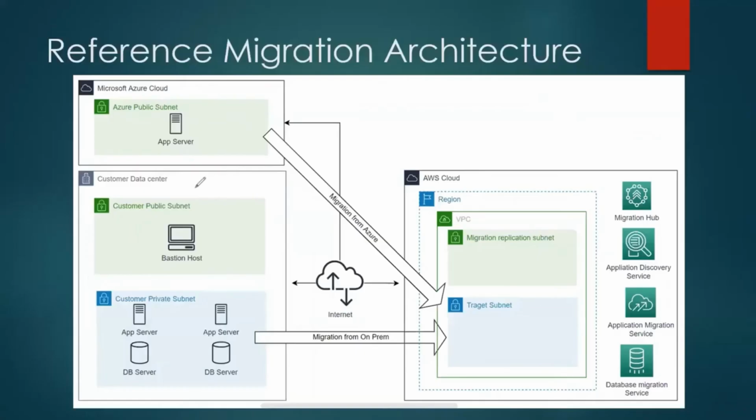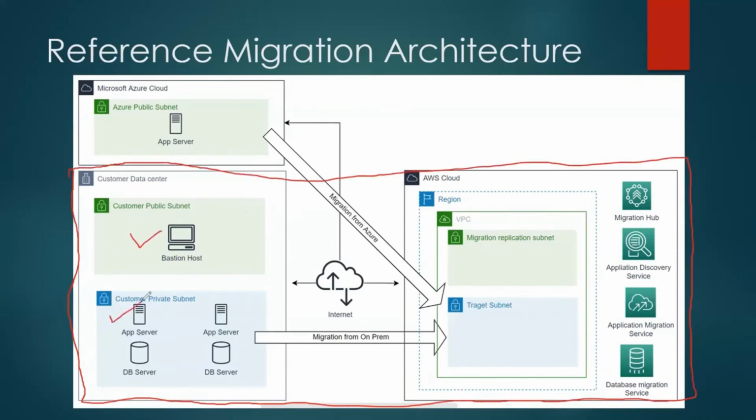As per our diagram that we used before, currently we are covering phase one. This Azure part I'll cover in the next video. I am talking about the environment that is created using this stack. We have the Bastion host, one application, WordPress and its database, and another application, Ofbiz, and its database.